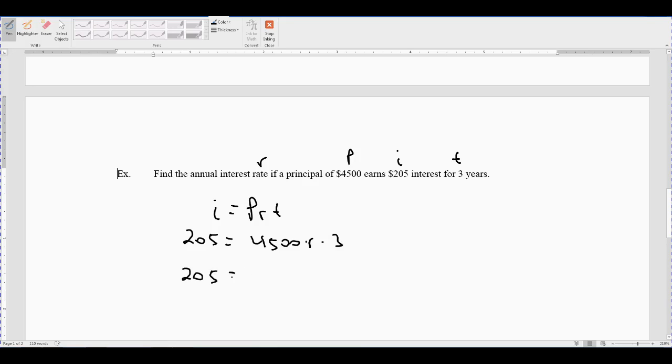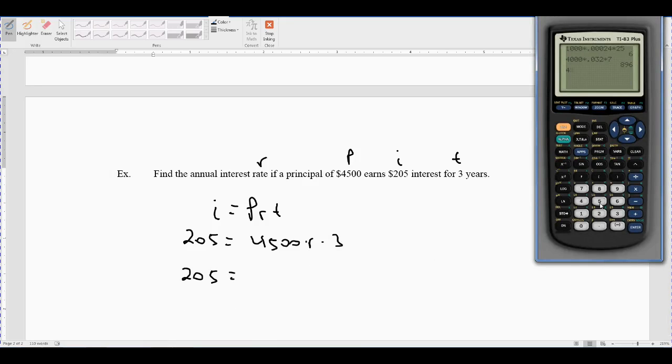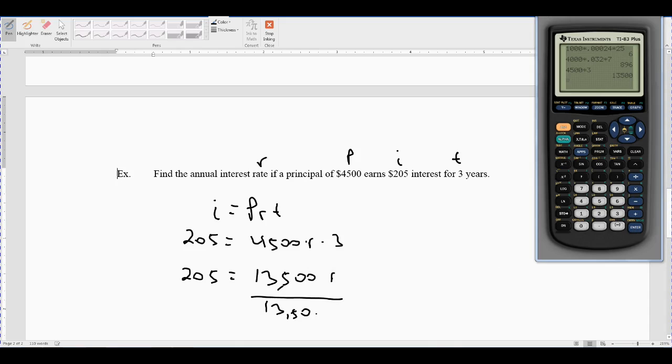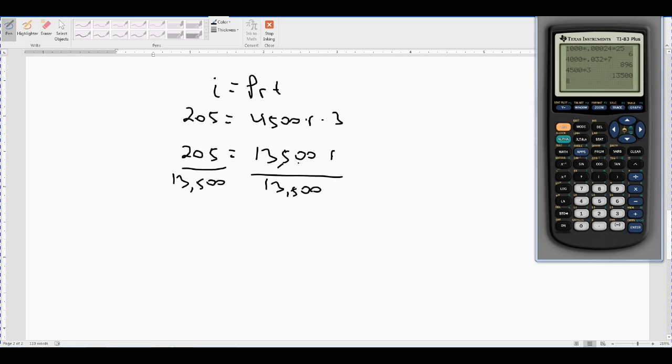So let's just go ahead and clean it up first. 4,500 times 3, what is that? 10.5? Let's find out. 13.5. Ooh, I was off. 13,500. To find R, divide both sides by 13,500 because we're solving for R. So you have 205 divided by 13,500.